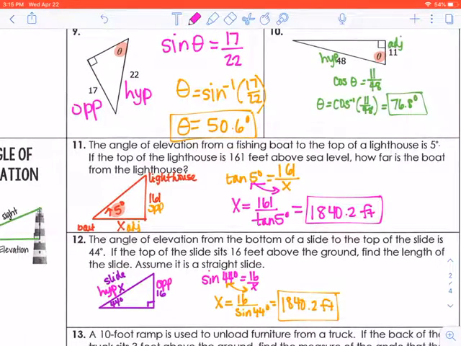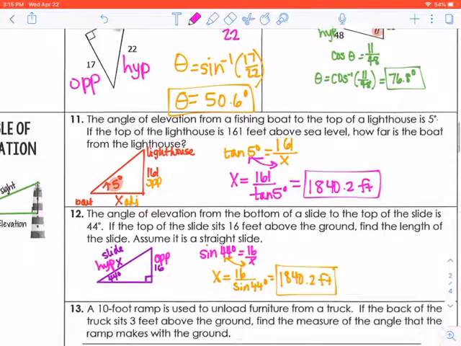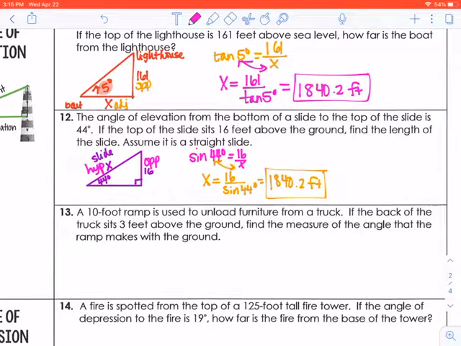Okay. So again, same as the types of problems above, but you have to create the picture and then create the equation. Go ahead and try number 12 if you like and pause. Make sure your calculator's in degree mode and then you can check your work to see if you did it correctly.